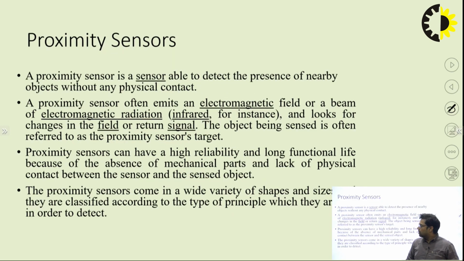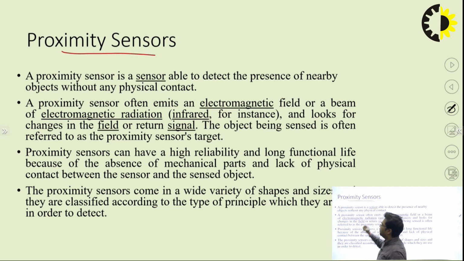Now come to one of the major uses of sensors. With this limited period of time, I will discuss only one or two types of sensor. One of them is the proximity sensor. As the name suggests, proximity means it can detect and give a signal about nearby objects.